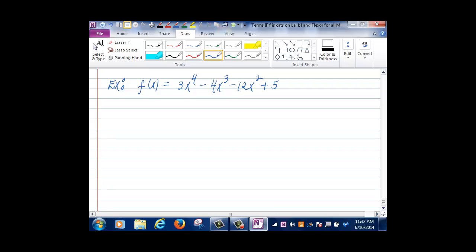Again, the question is, where is this function increasing and decreasing? And let's look at the derivative, because we're going to use the derivative to determine where the function increases and decreases. What's the derivative in this case? 12x. Very good. 12x cubed minus 12x squared minus 24x.